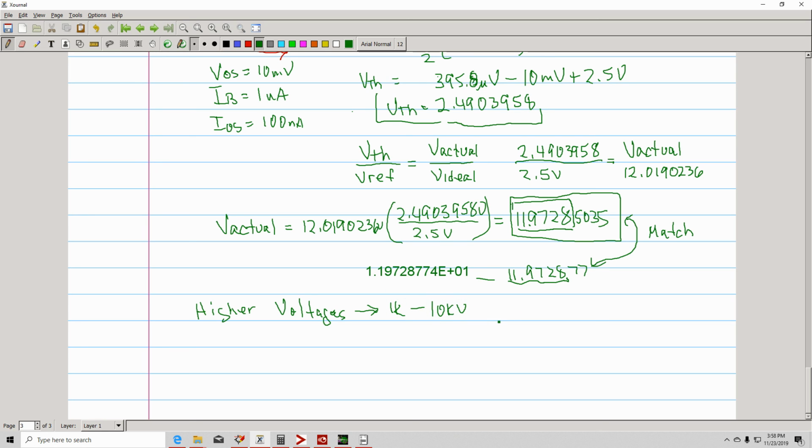Then the errors get amplified, and when you're dealing with these types of voltages, you have to make this type of analysis.